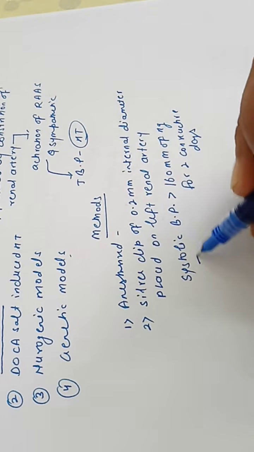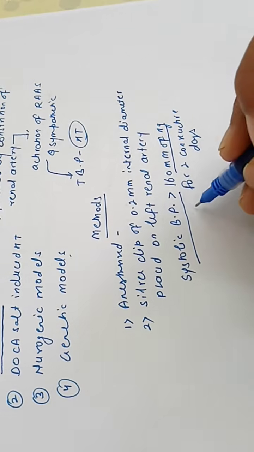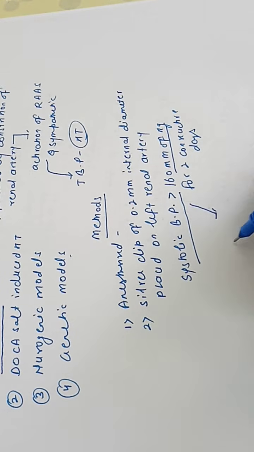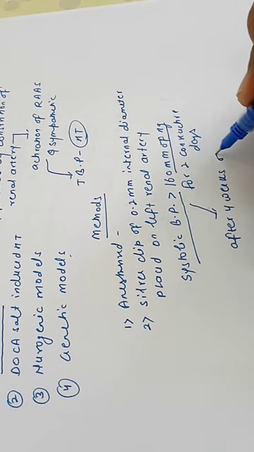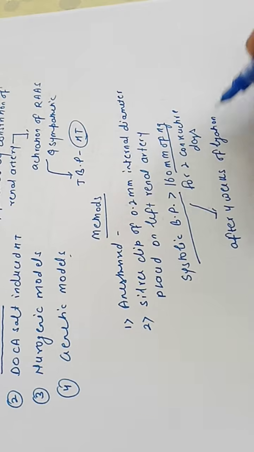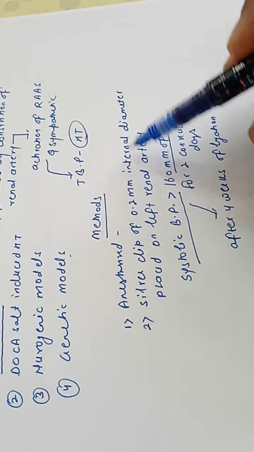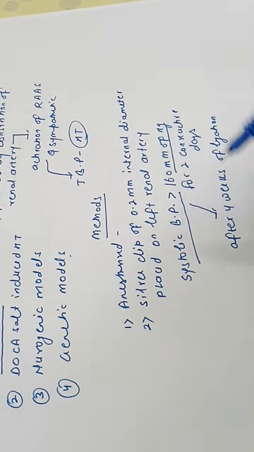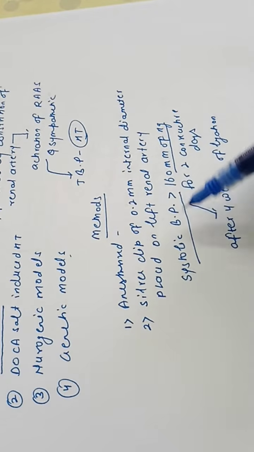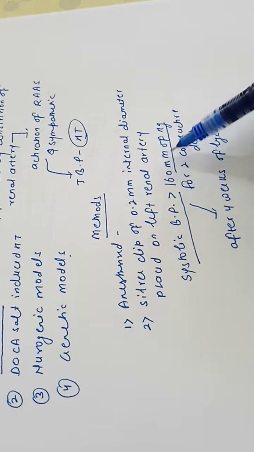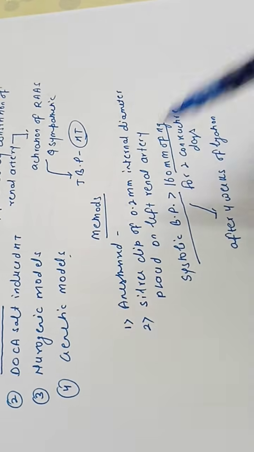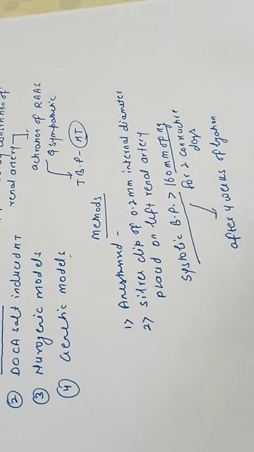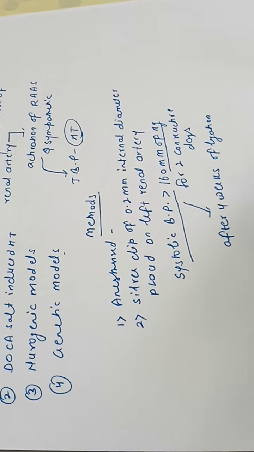The systolic blood pressure will not increase immediately after the ligation, but after 4 weeks of ligation. So after 4 weeks, if the systolic blood pressure is increased more than 160 mm of mercury, measured for 2 consecutive days, that means this model is developed. I hope it's clear.